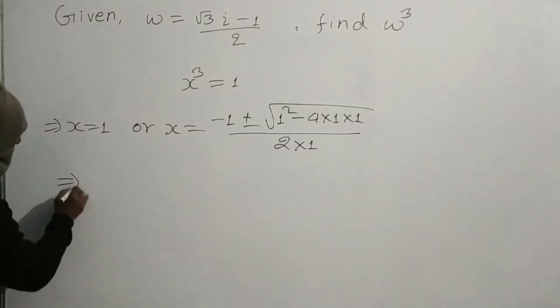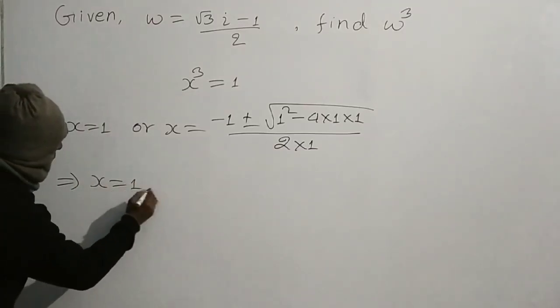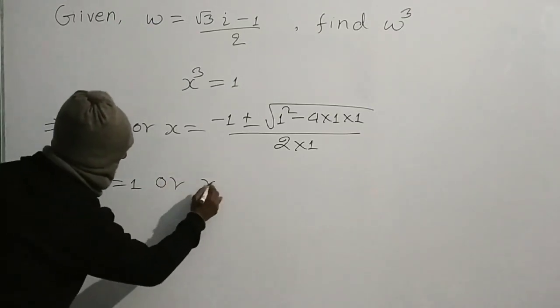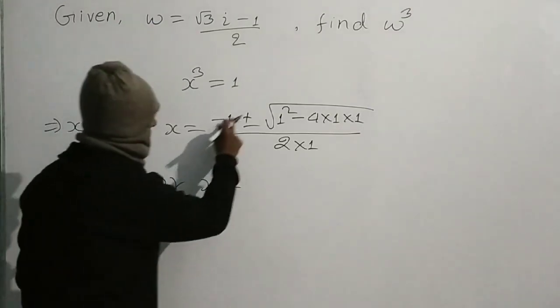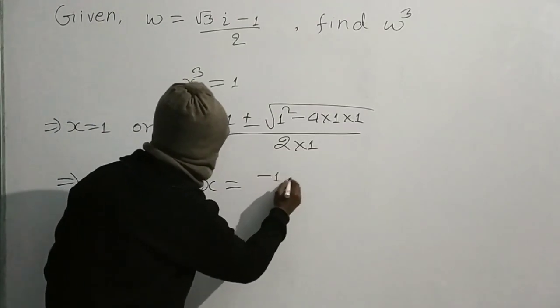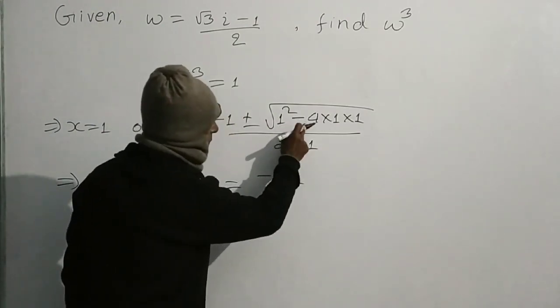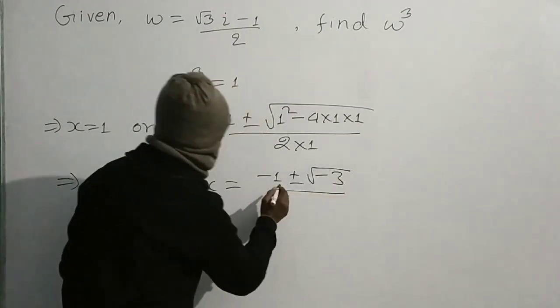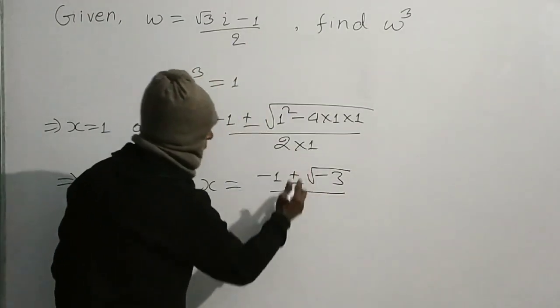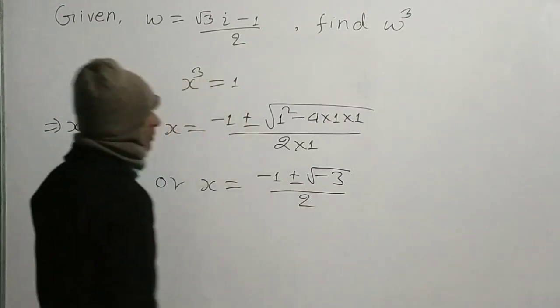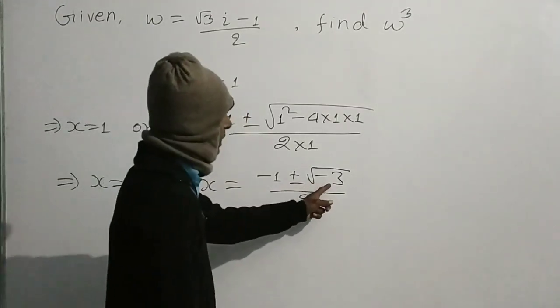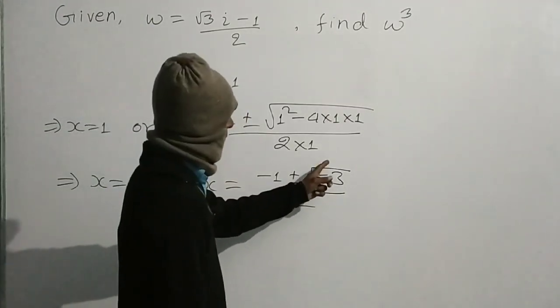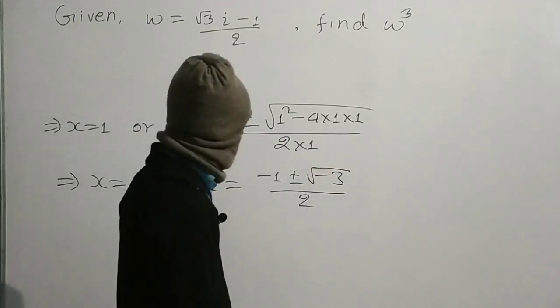This implies x is equal to 1 or x is equal to minus 1 plus minus, this is minus 3 under root, by 2 times 1 means 2.